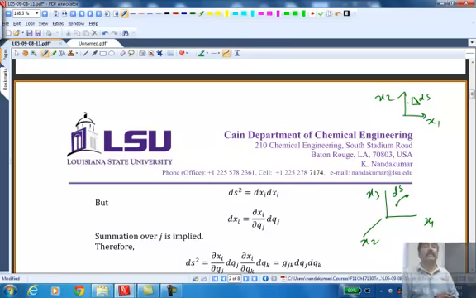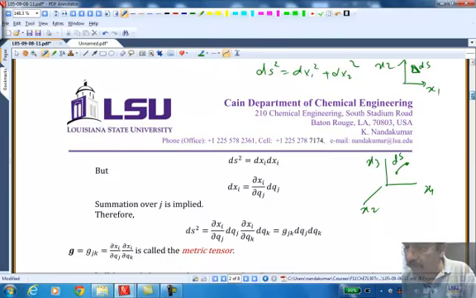What will be ds? Pythagoras theorem, right? ds square is equal to dx1 square plus dx2 square. The same thing is applicable in the three-dimensional case, where ds square will be equal to dx1 square plus dx2 square plus dx3 square.